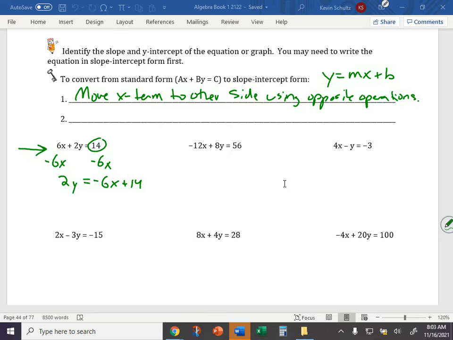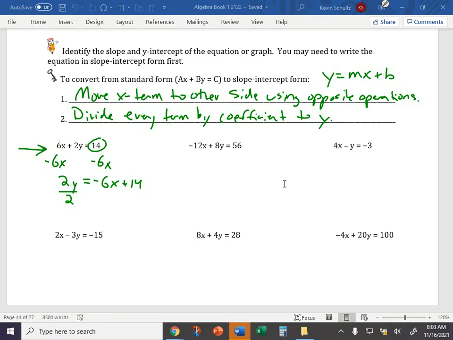Yes. Divide every term. Yesterday, remember we multiplied every term? Now we're dividing every term by the coefficient of y, which in this case is 2, right? So we're dividing by 2.